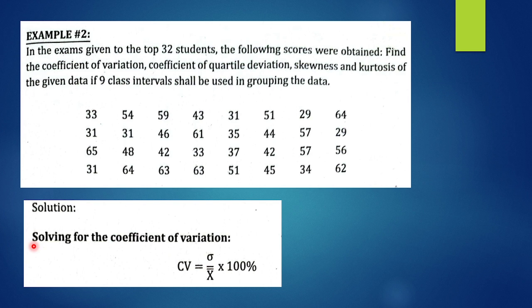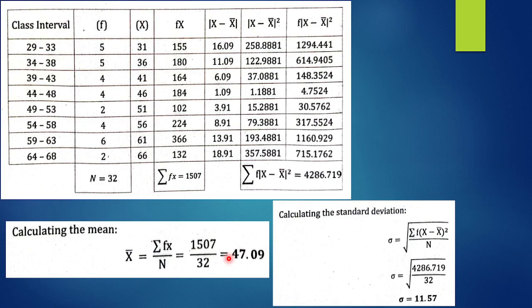So, solving for the coefficient of variation, CV is equal to the standard deviation over the mean, multiplied by 100%. So this would be our table. Okay. So 29, 30, 31, 32, 33.